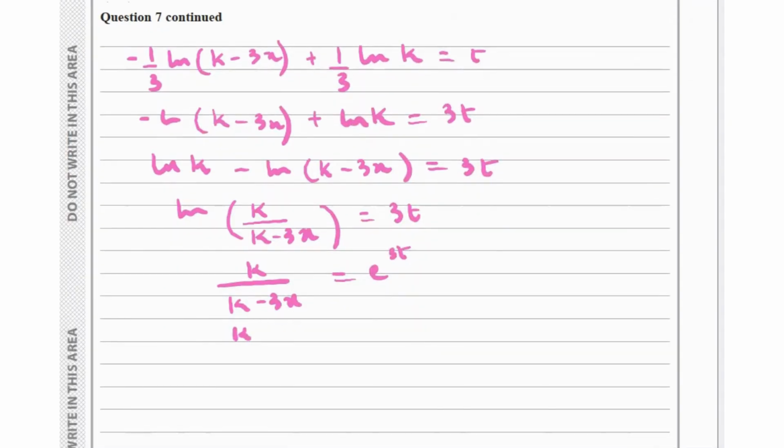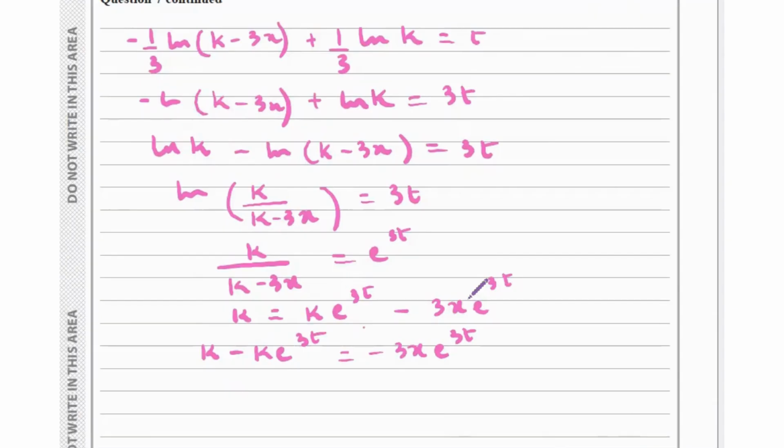Then I'm going to cross multiply. So it's going to be k equals k minus 3x times e to the power of 3t. Then it's k minus k times e to the power of 3t equals negative 3x times e to the power of 3t.